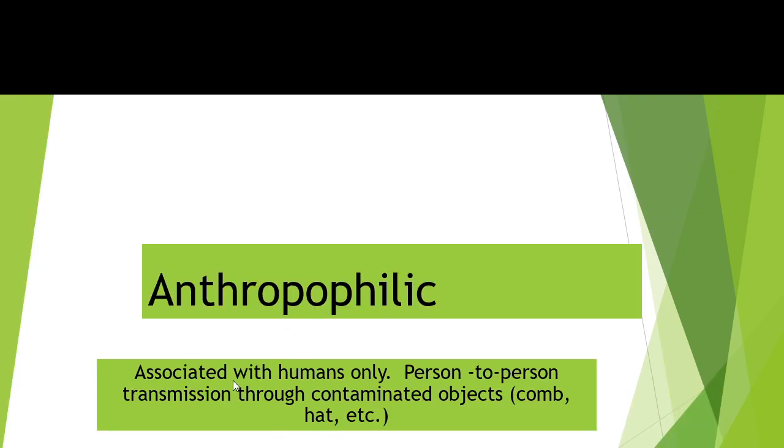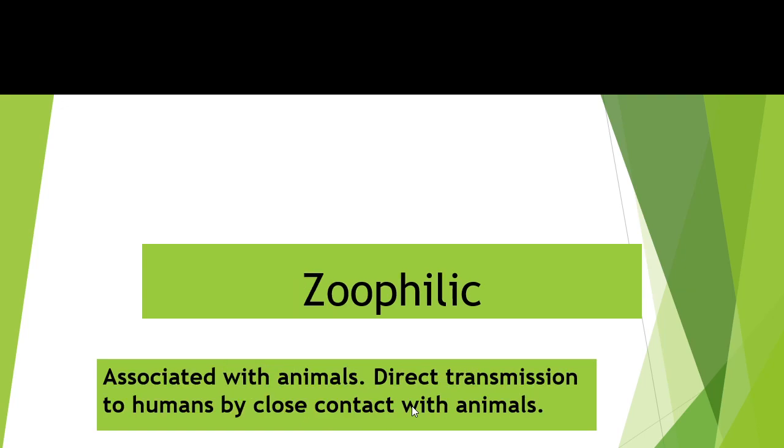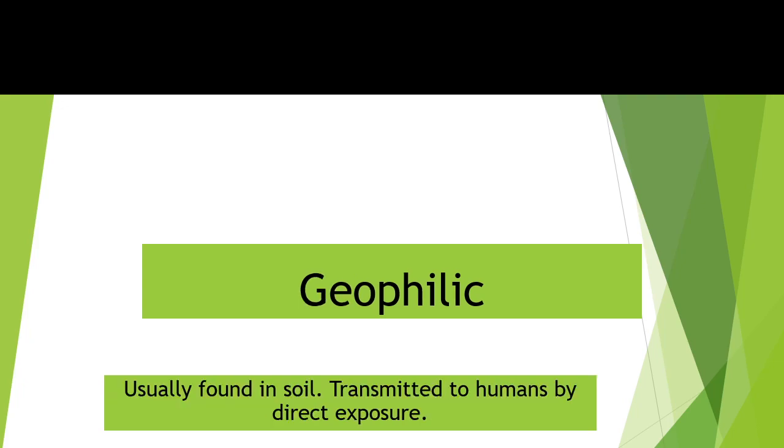The anthropophilic is associated with person-to-person contact, mostly in toddlers and children at school, where they share combs, hats, cups, etc. The zoophilic comes from dealing with animals, as we mentioned, cats, dogs, jackals, wolves, and domestic animals like cows and cattle, as well as some horses and camels.